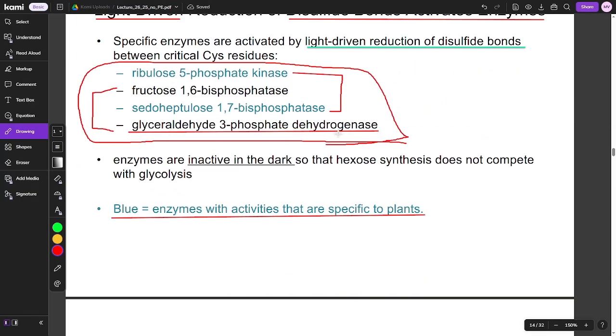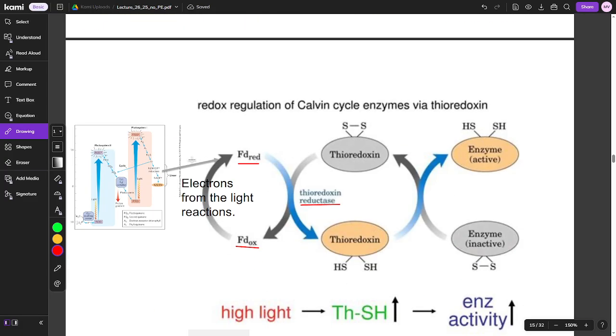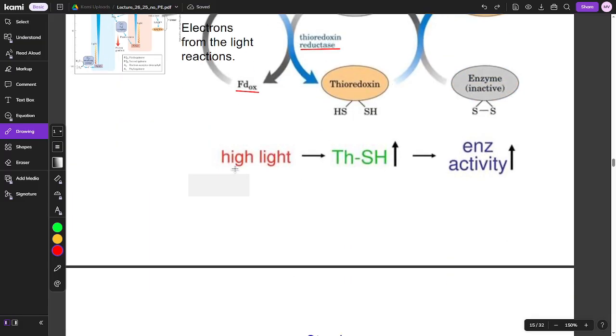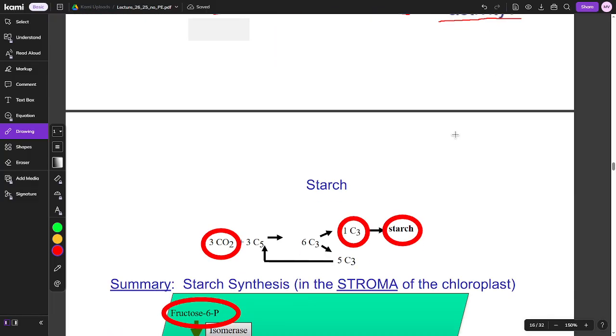Imagine that we have our glyceraldehyde 3-phosphate dehydrogenase. If we're in light, we're going to make a lot of this reduced form of ferredoxin. This is going to reduce the thioredoxin with thioredoxin reductase. Then this thioredoxin is going to reduce our glyceraldehyde 3-phosphate dehydrogenase to make it into its active form. So high light leads to higher reduced thioredoxin using thioredoxin reductase, which leads to higher enzyme activity, because these enzymes are active when these disulfide bonds are reduced.